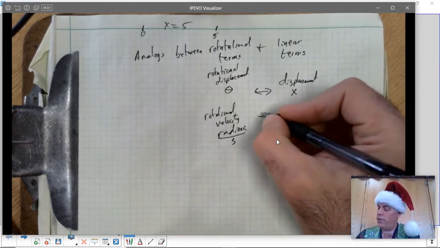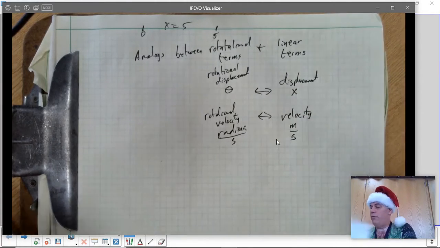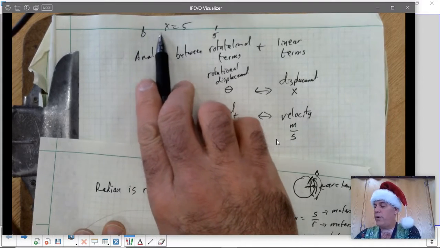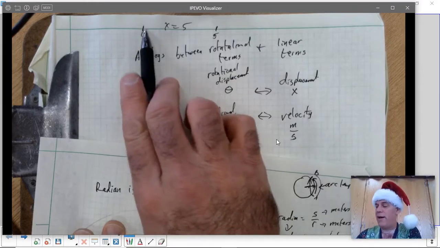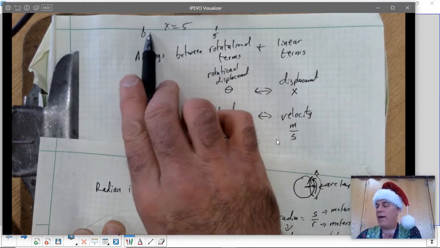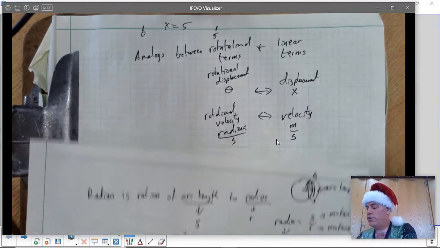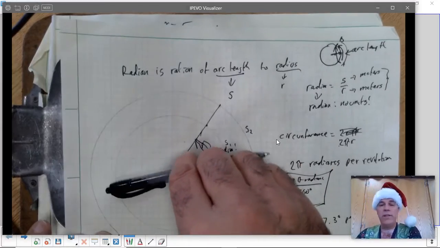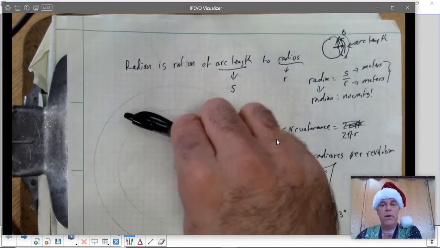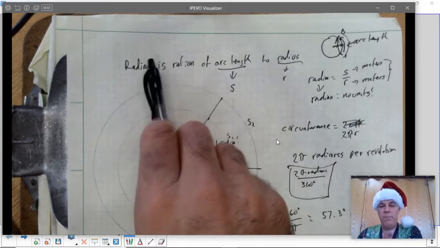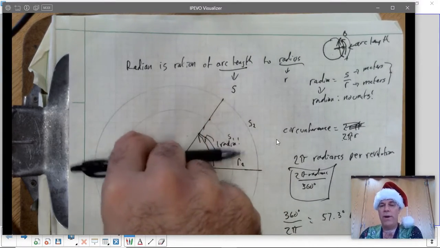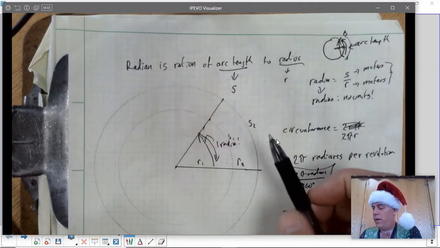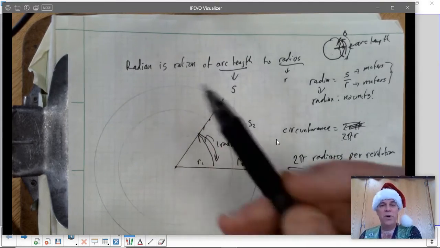And those are analogous to each other. So if we have something walking along in a straight line, it goes 5 meters in 2 seconds, that'd be 2.5 meters per second. And that's how fast something is moving in a straight line. Well, sometimes we want to know how quickly something is spinning. All right. So if the pen takes 1 second to go all the way around, then that would be 2 pi radians per second.